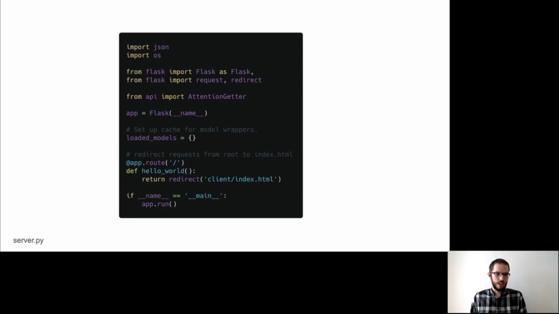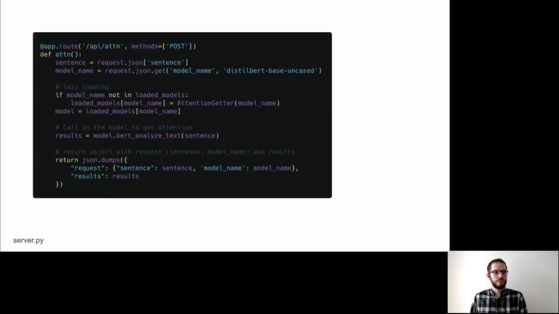Then we also define a simple route that whenever we get any kind of request on our server, we redirect to client/index.html, which is the base for our interactive tool. You can also see that we import this AttentionGetter class into our server here.